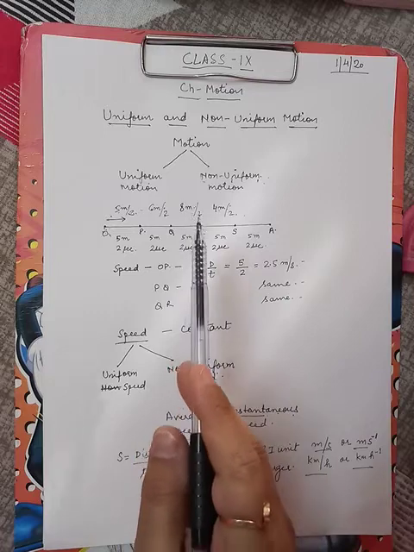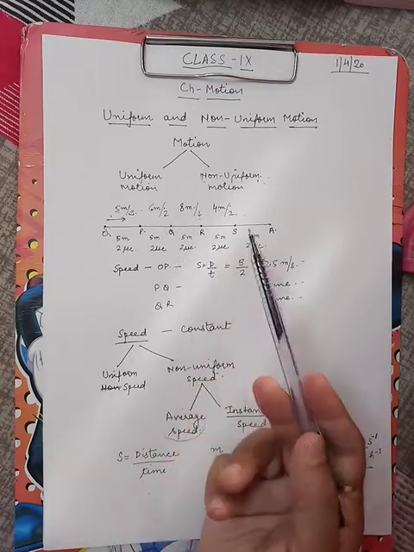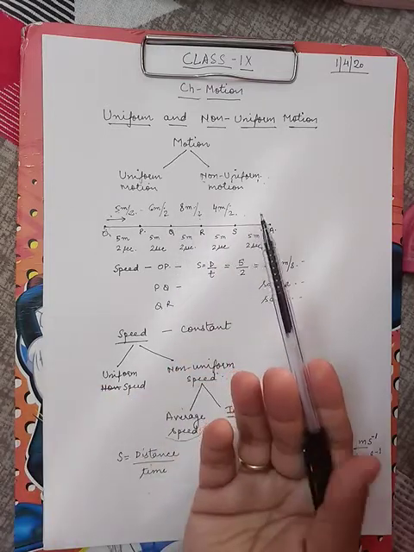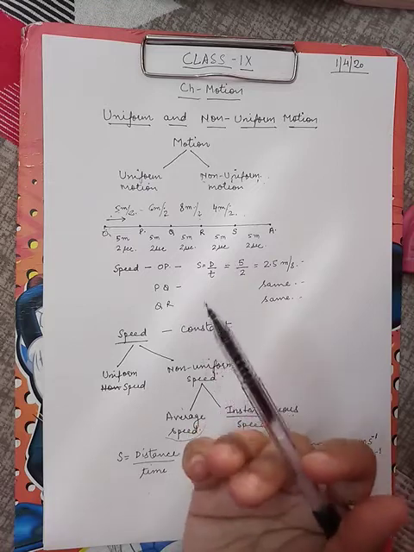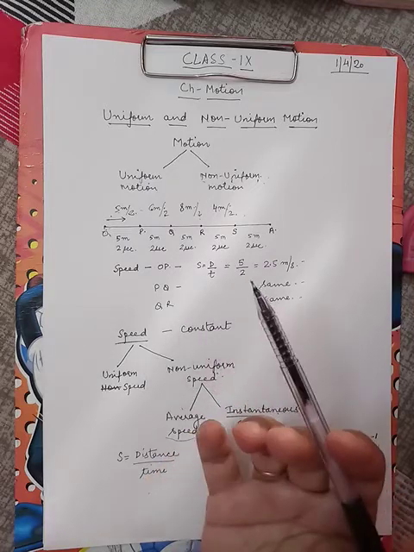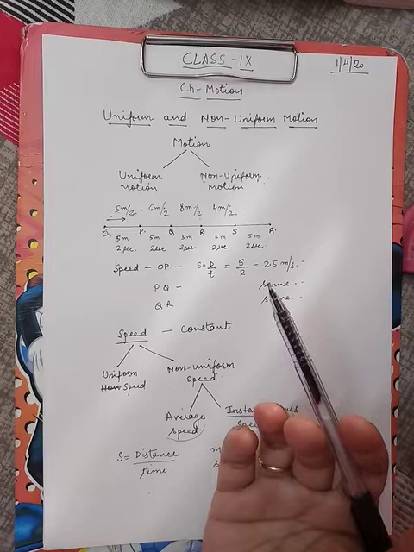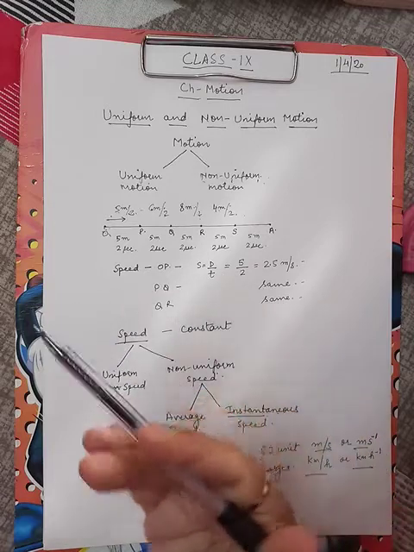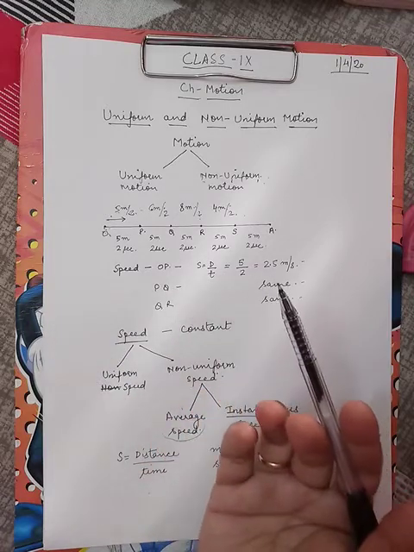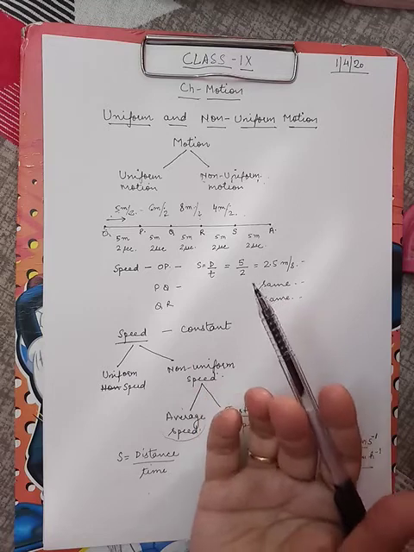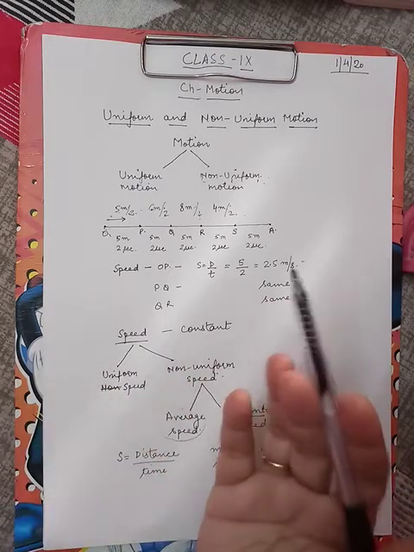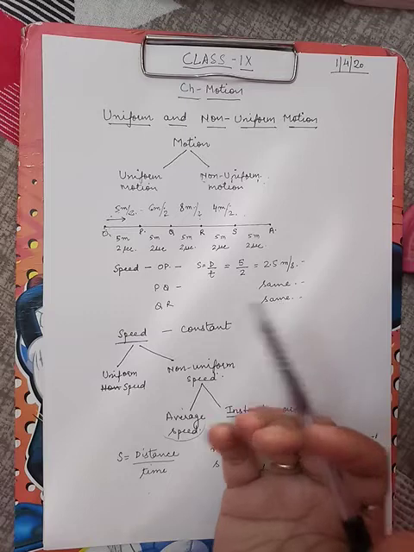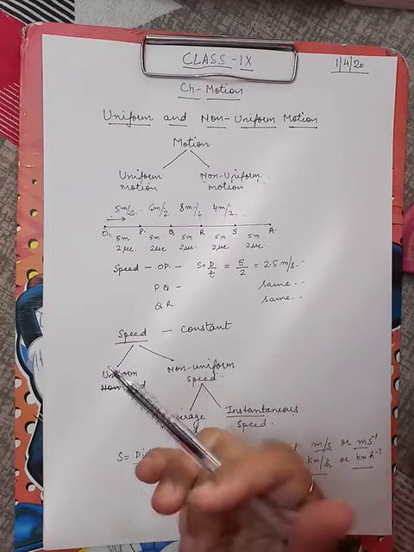But if you are traveling from Delhi to Jaipur, we can change our car's speed hundreds or thousands of times. So we cannot find the average speed by just adding and dividing by 1000. It is very difficult. So what is the easier method?